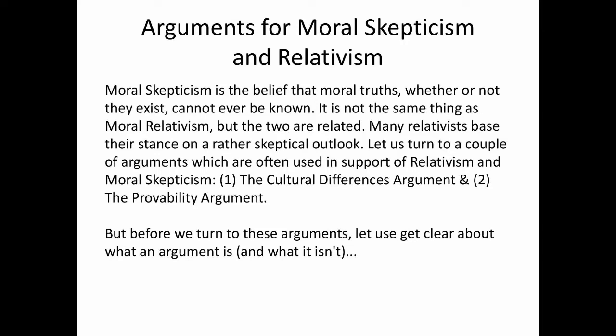That view is more along the lines of moral skepticism, that we can't really know anything one way or the other about morality. This is something that can't really be known. Now, the cultural differences argument seems to support cultural relativism quite nicely.